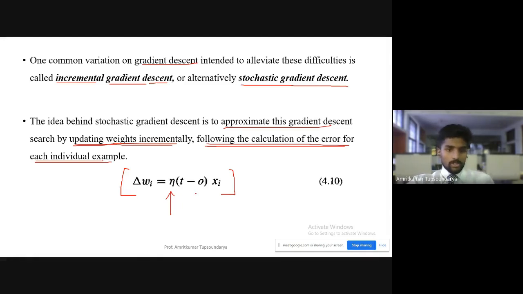The smaller the value, the better the learning. The second element is the difference in the output, the targeted output and the output that we have got from the perceptron. Along with the product of the input that we are giving, the input unit xi. So the product of these three will make the change in the weight, right?